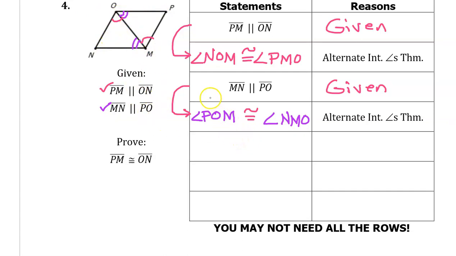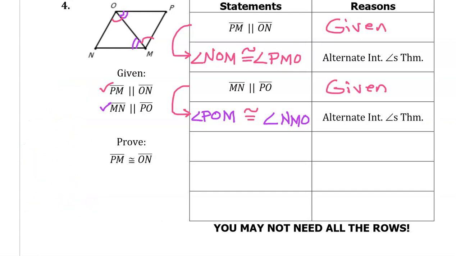So that means we need to look for something that we can mark automatically. The two things that we can mark automatically are vertical angles or shared sides. In this picture, we have a shared side.